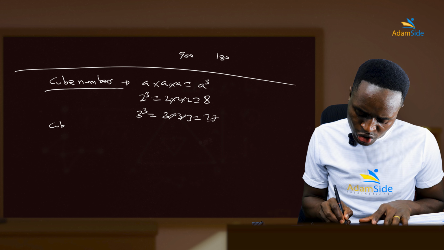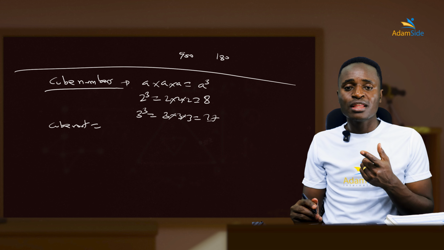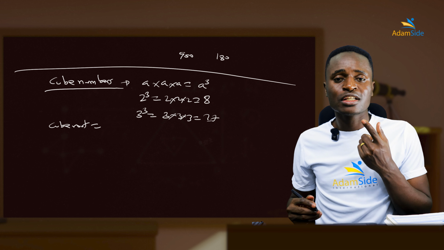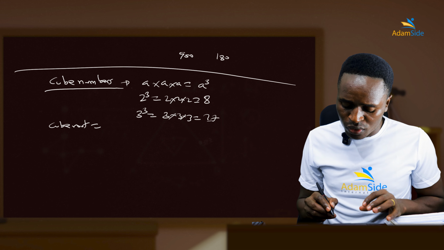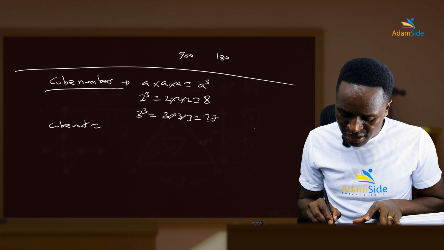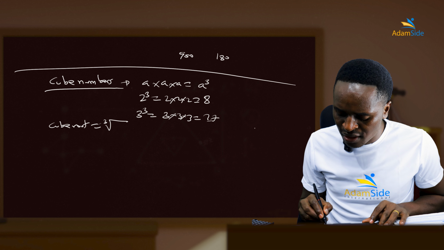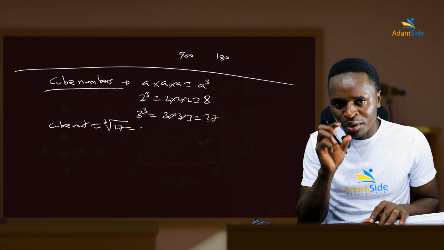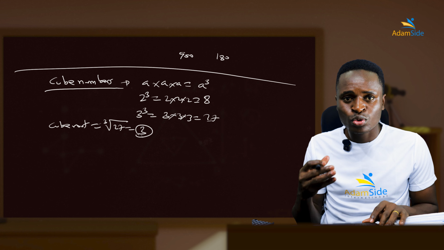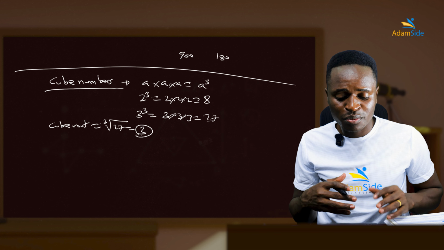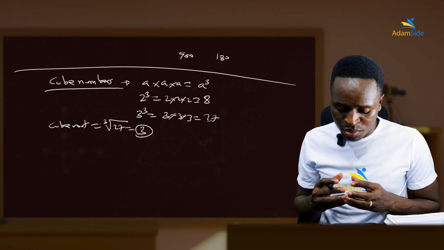If you're asked about cube root, in other words, they want you to find a single number that was multiplied 3 times to get a cube number. Cube root is normally represented by a radical sign. For example, the cube root of 27. They want that small number that multiplied by itself 3 times gives the cube number.